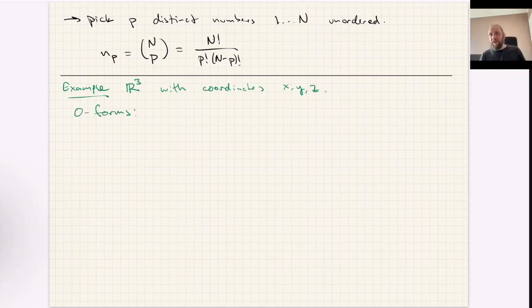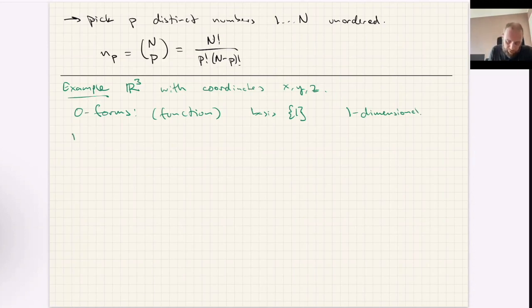That would be a map from zero vectors to real numbers. That's just a function. The basis is just the constant 1. So this is one-dimensional.